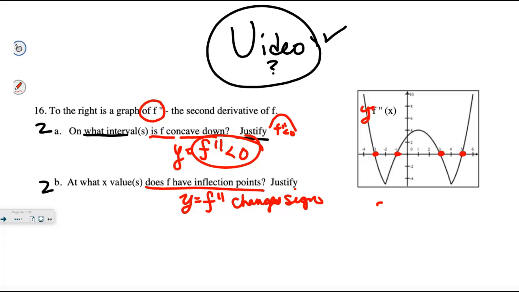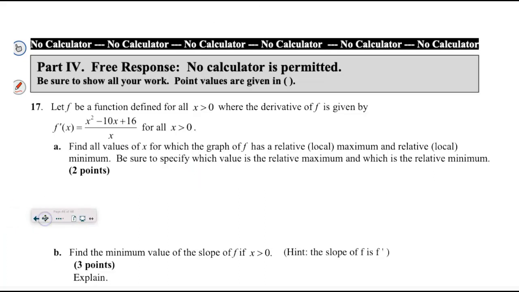So we would have said -3, -1, 3, and 5. If you wrote f double prime equals 0, I did not give you credit for that, because had this bounced off the x-axis, then I wouldn't have included this one. We need f double prime to change signs at inflection points.